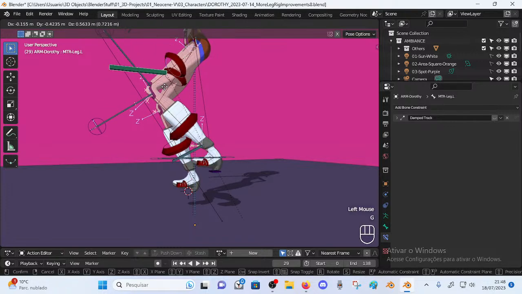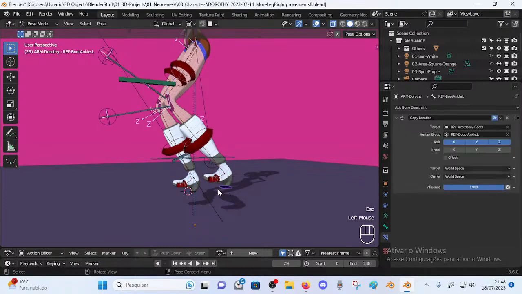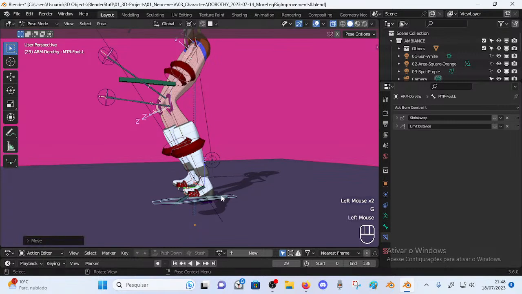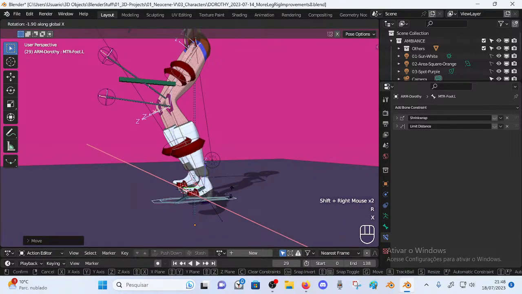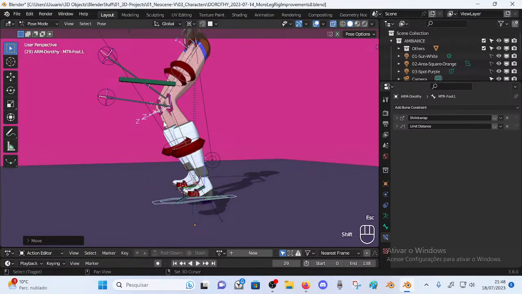Although I can do that, the transforms that I need for pivoting on a place like this are not so easily transferred to this bone.